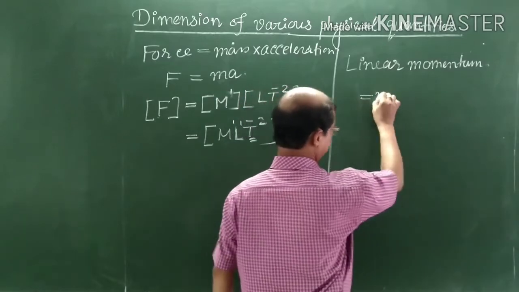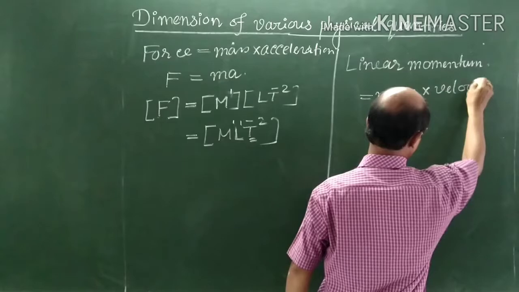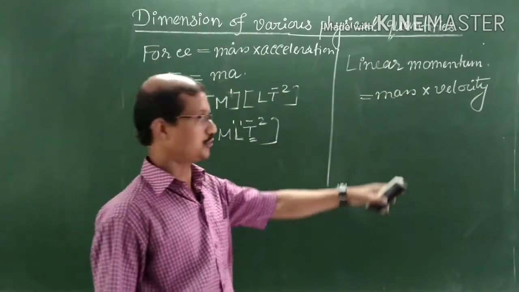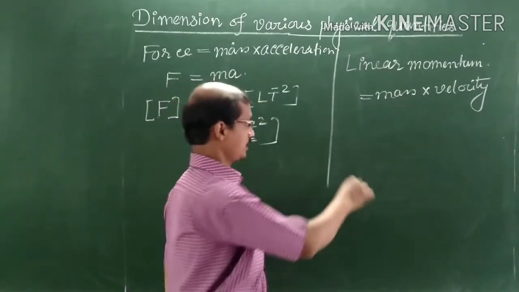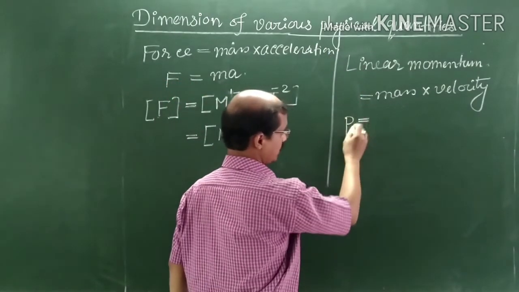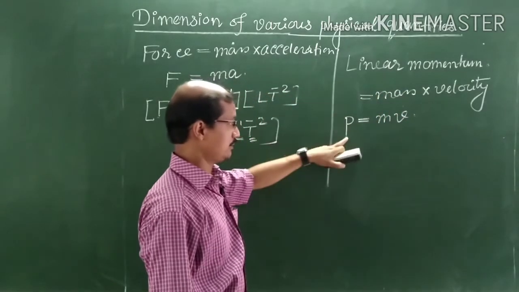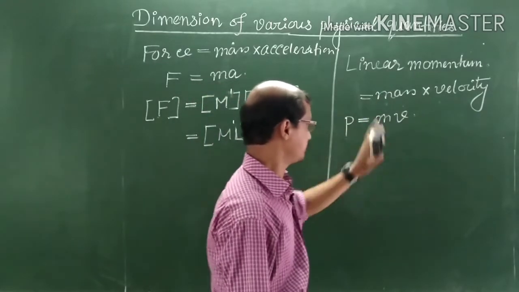So you can write mass into velocity. If I multiply the mass of a body with velocity, then you get linear momentum. The mathematical expression is P equals m into v. Linear momentum is represented by P, mass is represented by m, velocity is v.